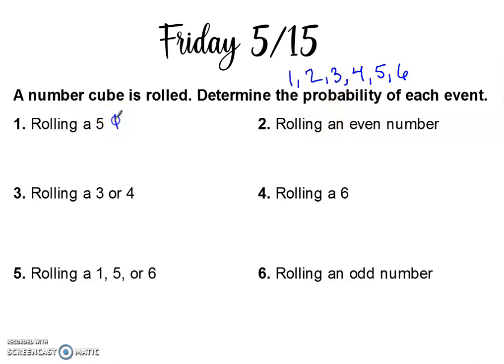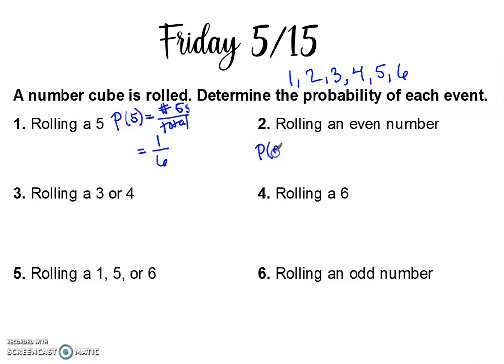Here we go. So the probability of rolling a 5 is like getting a 5. There's only one 5, so the number of 5s over the total. There's only one 5 on this cube and there are 6 options, so the probability is 1 over 6.